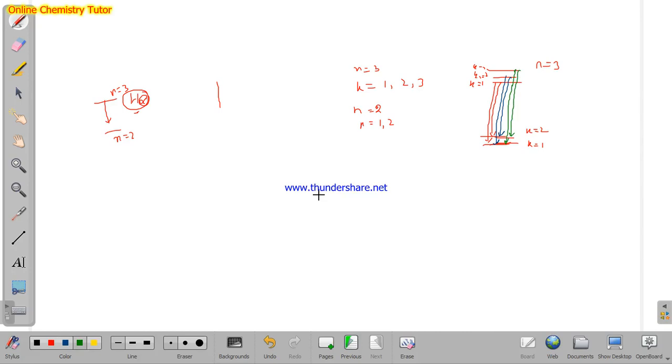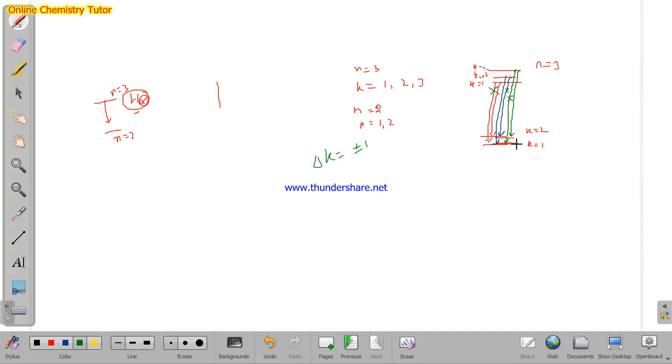Now according to the Laporte selection rule, 3 are allowed and 3 are not allowed. Which ones are allowed? Delta k should be plus or minus 1. These are allowed transitions. So k equal to 1 to k equal to 1 is not allowed, k equal to 2 to k equal to 2 is not allowed, and k equal to 3 to k equal to 1 is not allowed.